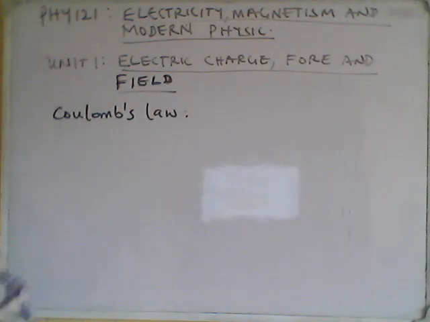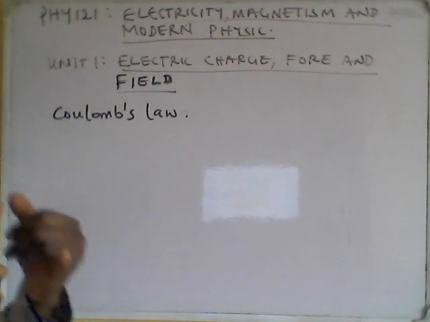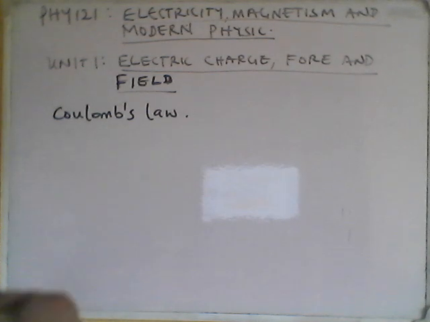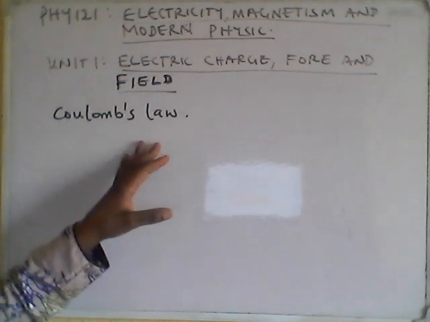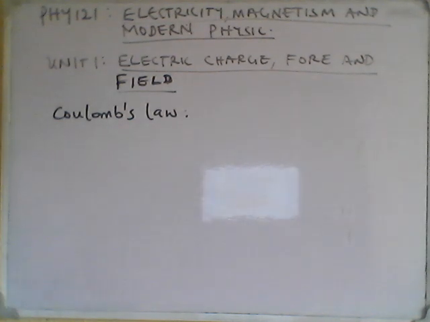Before we dive into Coulomb's law, I would like to state that the charge conservation law states as follows. It states that the total electric charge in an isolated system, that is the algebraic sum of the positive and negative charge present at any time, does not change. But Coulomb came to study the force of attraction between these two charges.